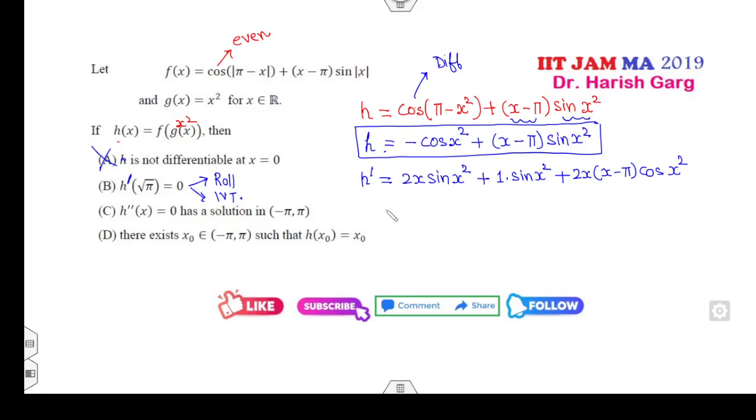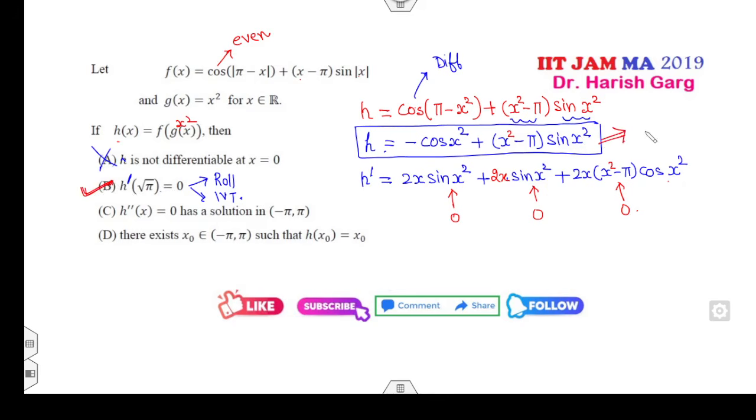Fine. Now you can see at root pi, this number will be 0, this number will be 0, and sorry, it is x square. तो अगर यहाँ x square होगा तो डेरिवेटिव चेंज हो गया, it will be my 2x. Fine. This number is also 0. So that means h dash at root pi is my 0. Clear?